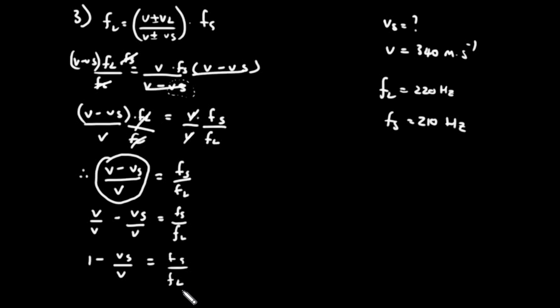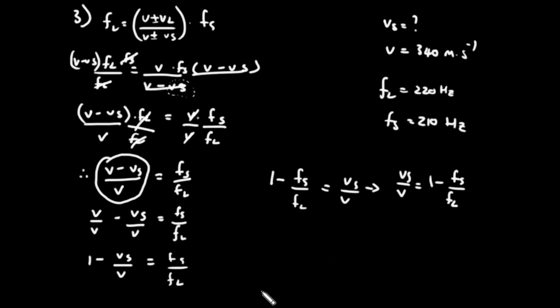So what we want to do is keep Vs and V on this side, and keep the negative on this side. So we take the 1 minus Fs over FL equals Vs over V, which is the same as saying Vs over V equals 1 minus Fs over FL.